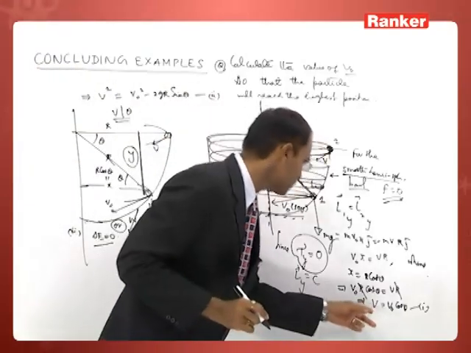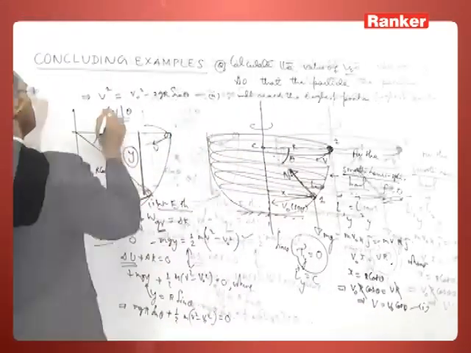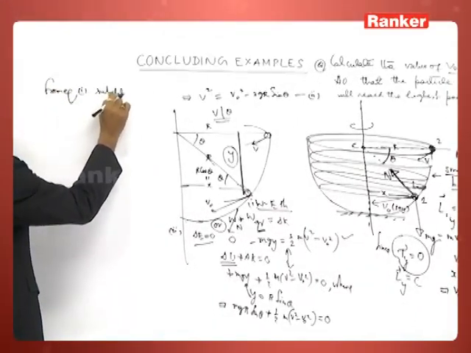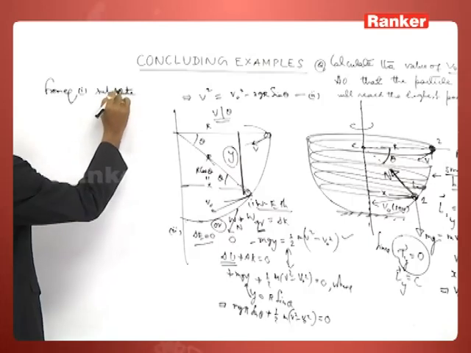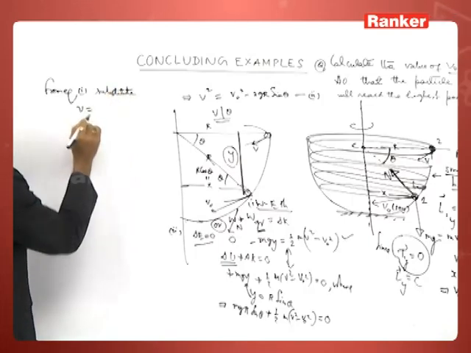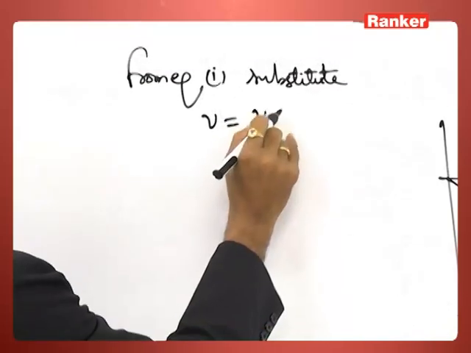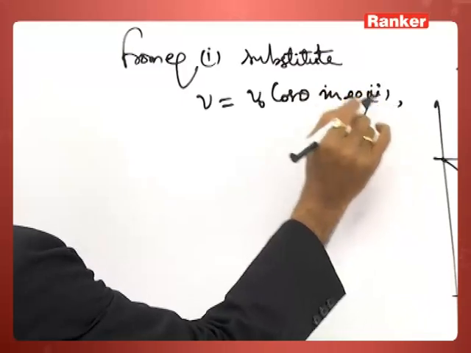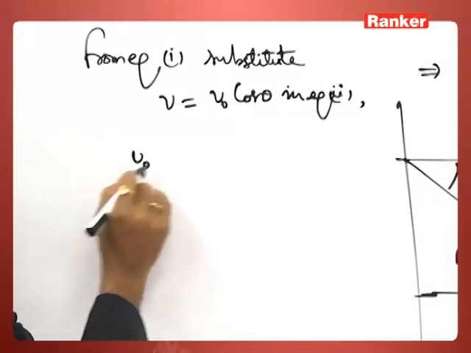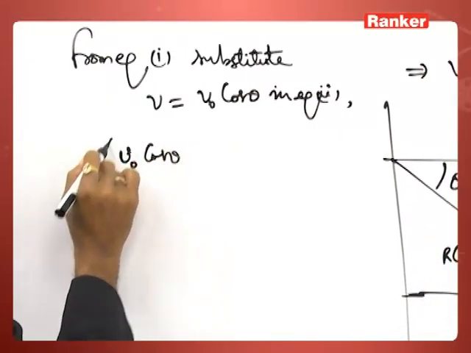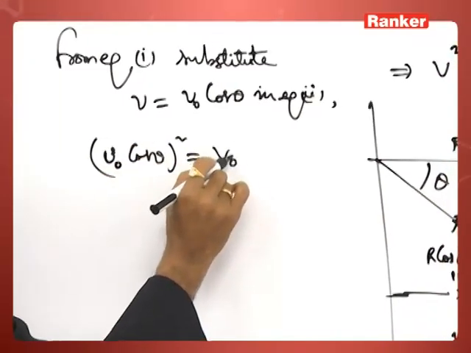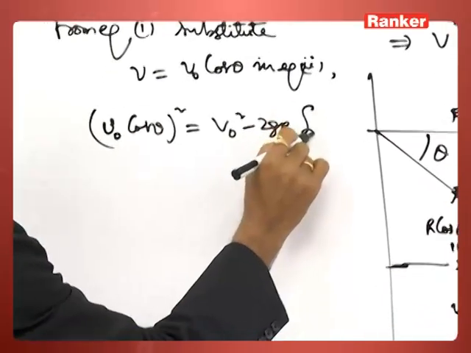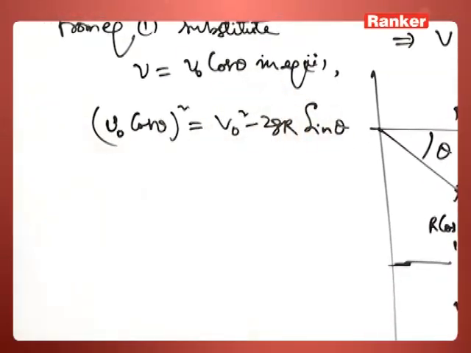So, from equation 1 you substitute the value of v. Substitute v equal to v naught cos theta in equation 2 to get v naught cos theta whole square is equal to v naught square minus 2gr sin theta.